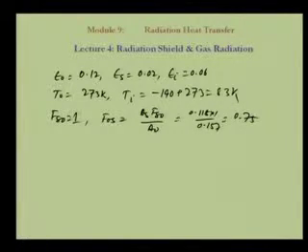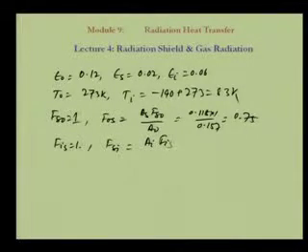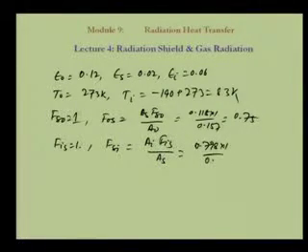Then, as I told, FIS is equal to 1, and from there I can get FSI, which is equal to AI FIS by AS, and that is equal to 0.0798 into 1 by 0.118, and that is equal to 0.676.